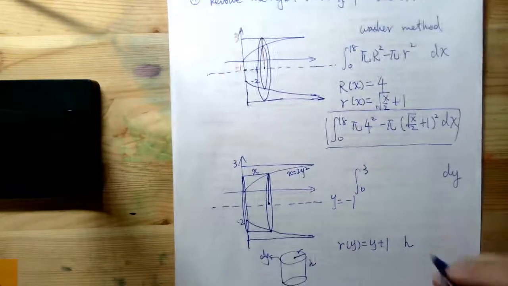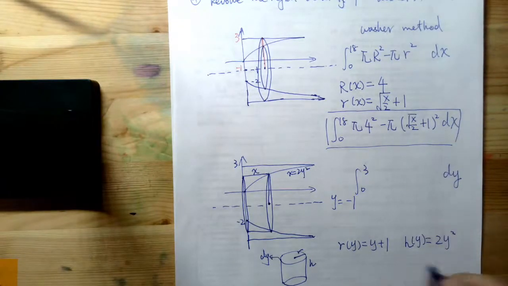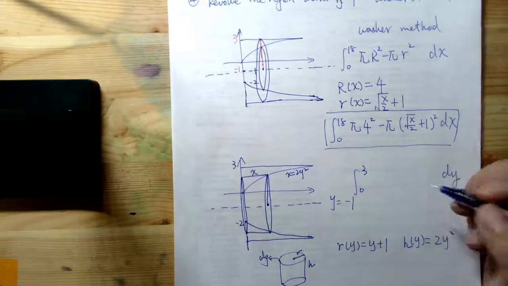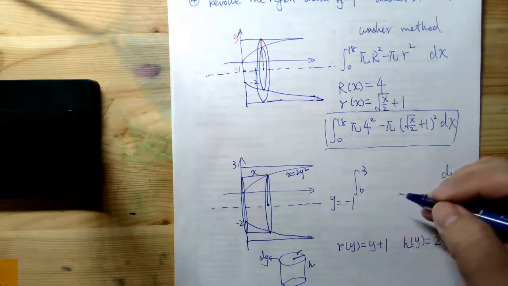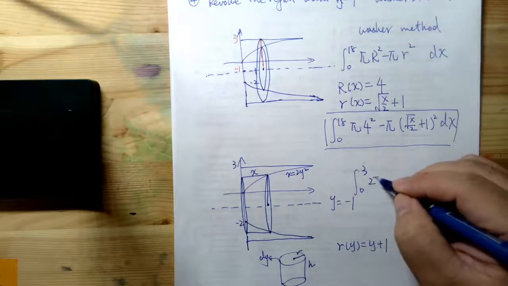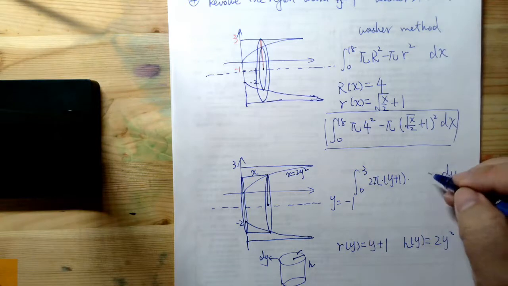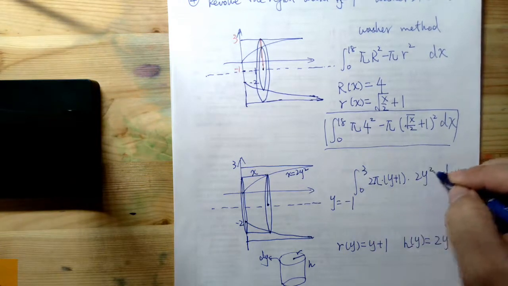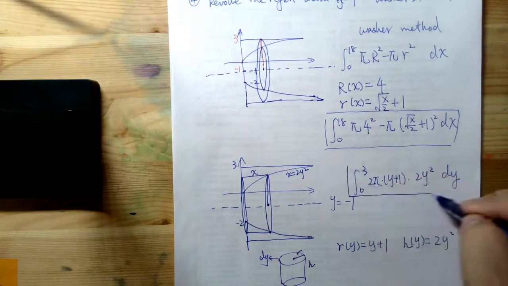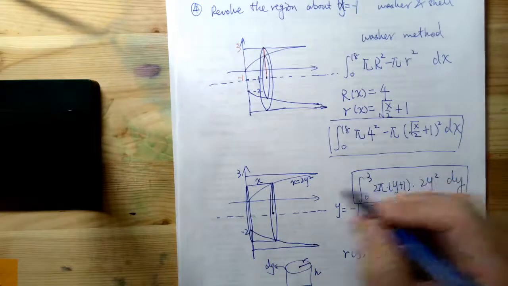This problem is going to be in terms of y, so the height is y squared over 2. So with all of this, we can put it in, so it's 2 pi times y plus 1 times the height, which is y squared over 2. So that is how we use the shell method.